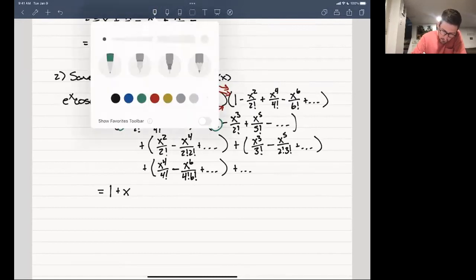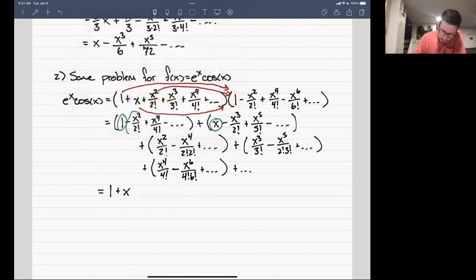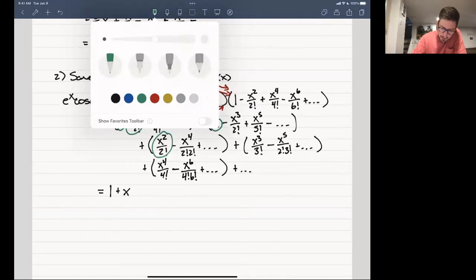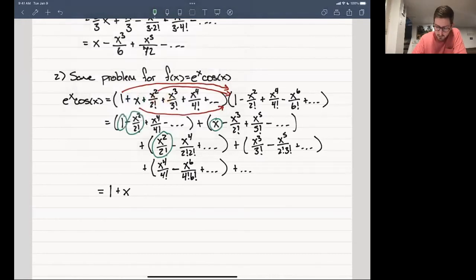Then the degree 2 terms, there's a minus x squared over 2 factorial, and there's a plus x squared over 2 factorial. They add to 0, so there is no x squared terms here. Then the cubic terms, you have x cubed over 2 factorial, minus x cubed over 2 factorial, and a plus x cubed over 3 factorial.